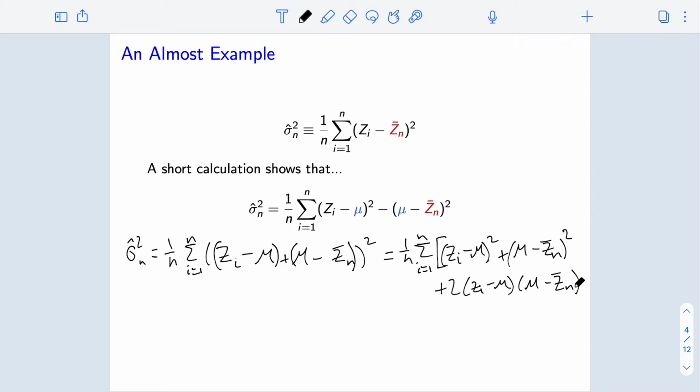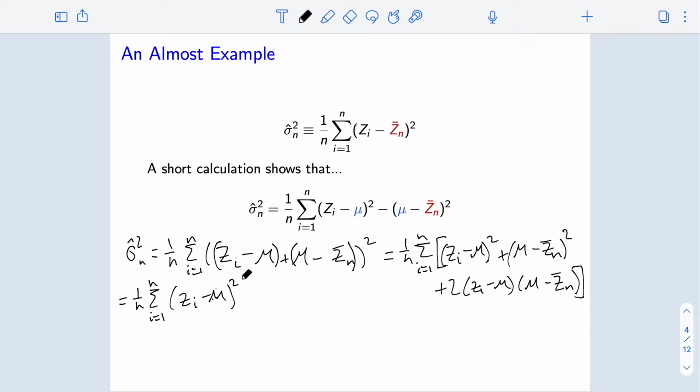Great. So now we can take this sum and break it up into three separate sums, and we'll see that many of these will simplify. The first term will just look like 1 over n, sum i equals 1 to n of (Zi minus mu) squared.